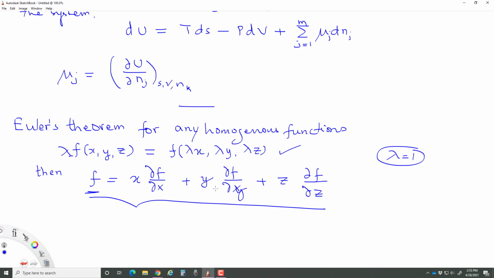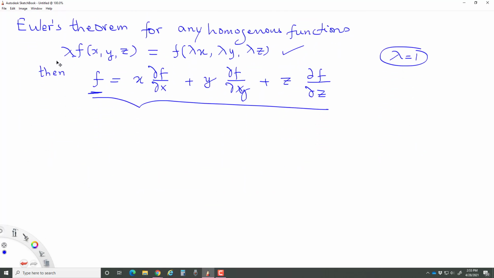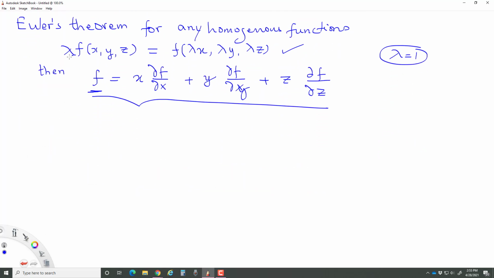So when you add particles to a system, let's say our function here is U, and U is a homogeneous function of S, V, and N. Then using this theorem, we can write U equal to S partial U partial S, keeping V and N constant.